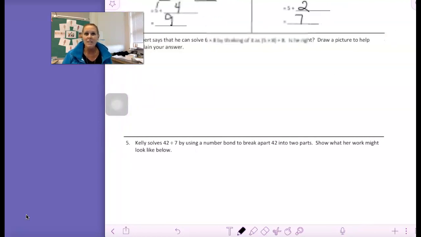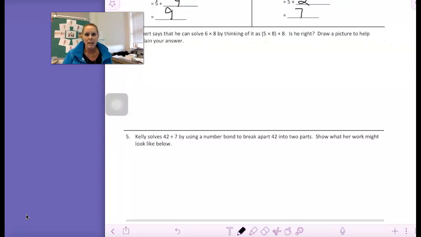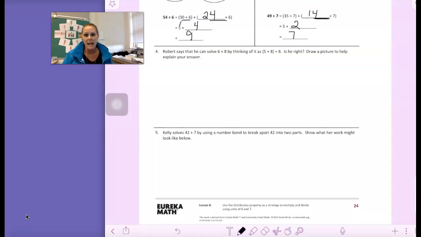Robert says that he can solve 6 times 8 by thinking of it as 5 times 8 plus 8. Is he right? Draw a picture to help explain your answer.